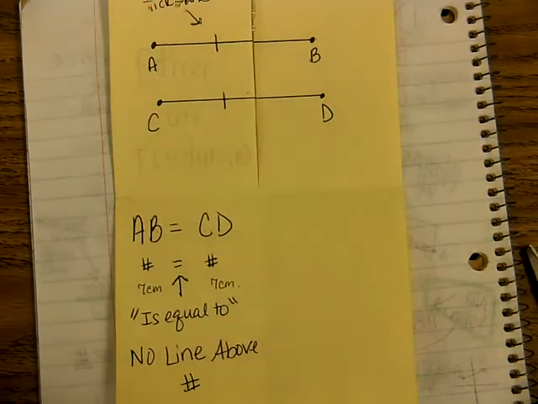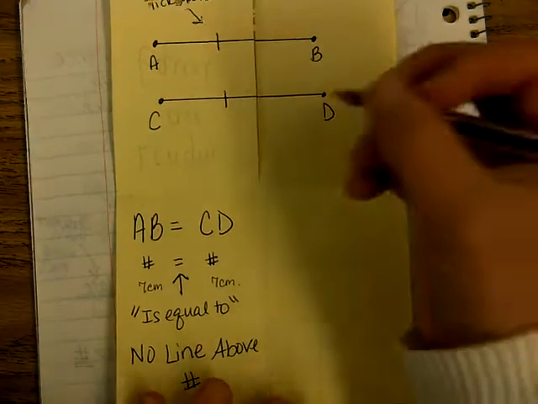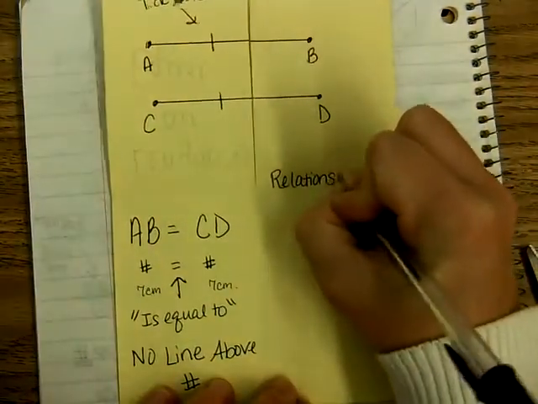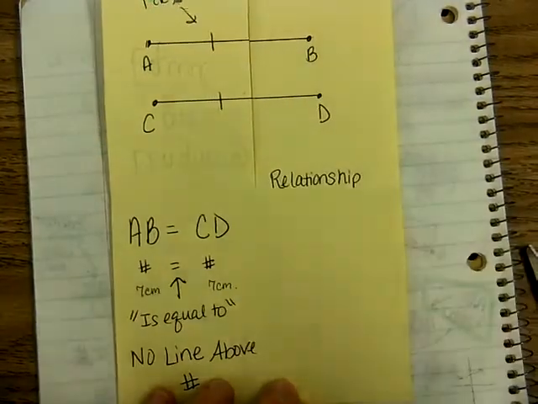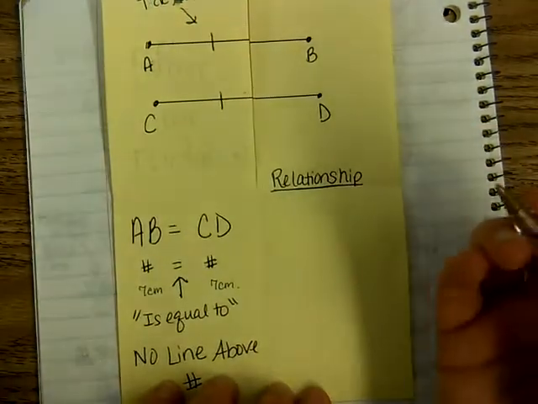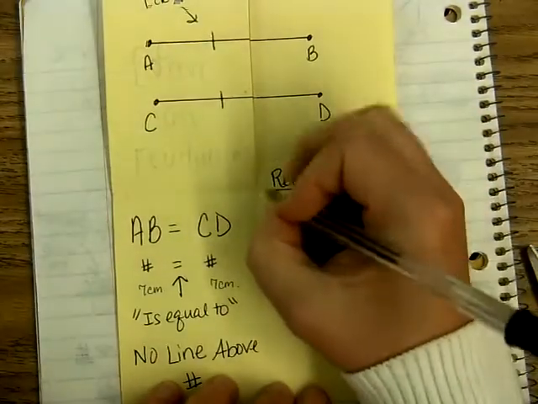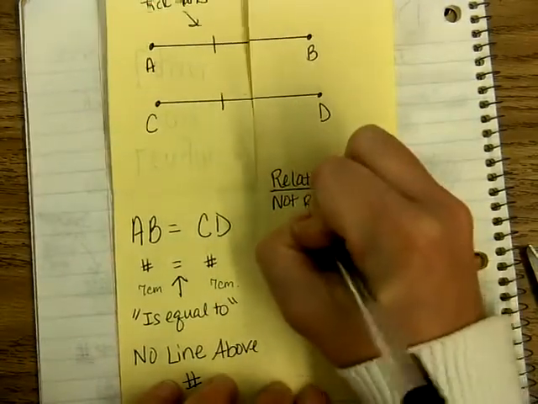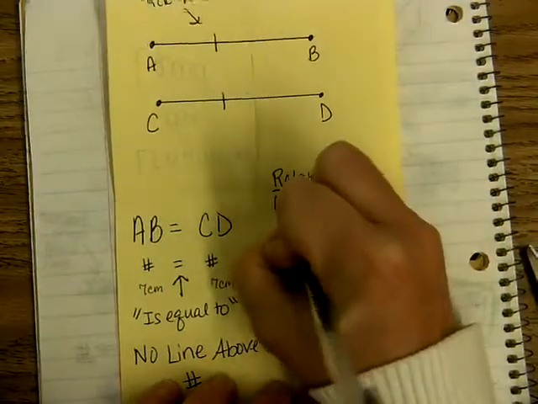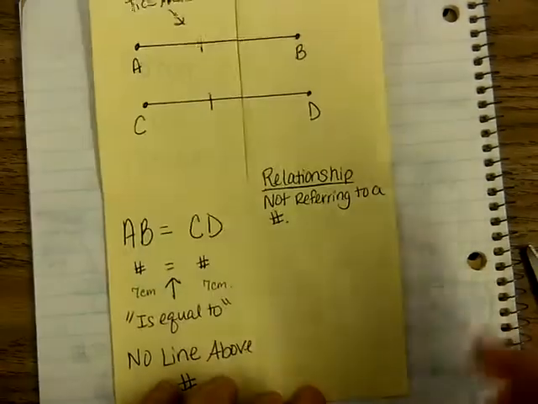But what if you didn't know the length? Or what if you didn't care what the length was? You just knew that they had the same length and you wanted to talk about a relationship. We are more interested in the relationship between the two segments or the two shapes or figures, and we're not referring to a number, because that's not what we're interested in.